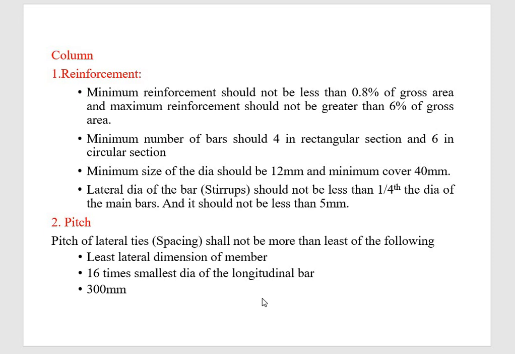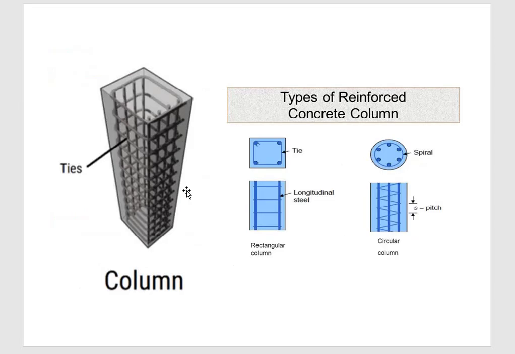Hope you have understood the specifications of slab, column and beams. This is how the cross section will look. As I mentioned, for a rectangular column, the main bars should be 4. That is a minimum. You can see here 1, 2, 3, 4. These are the cross section.